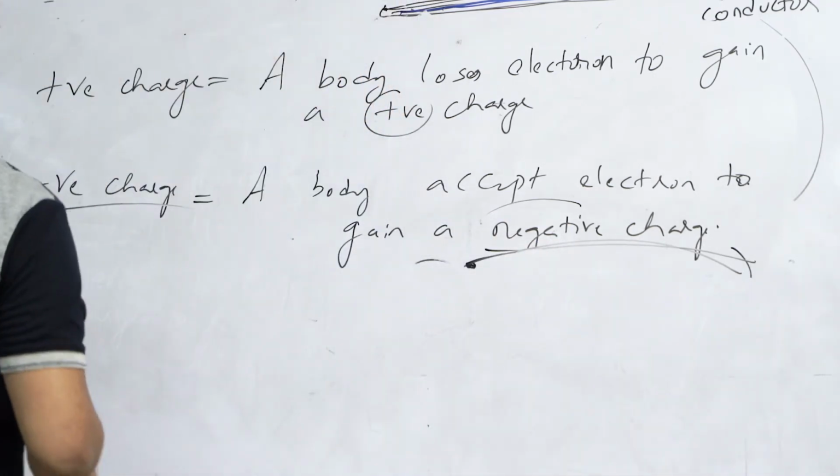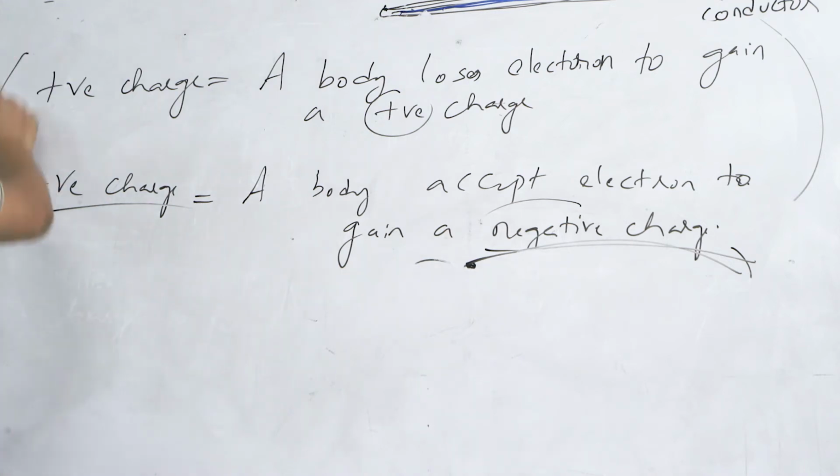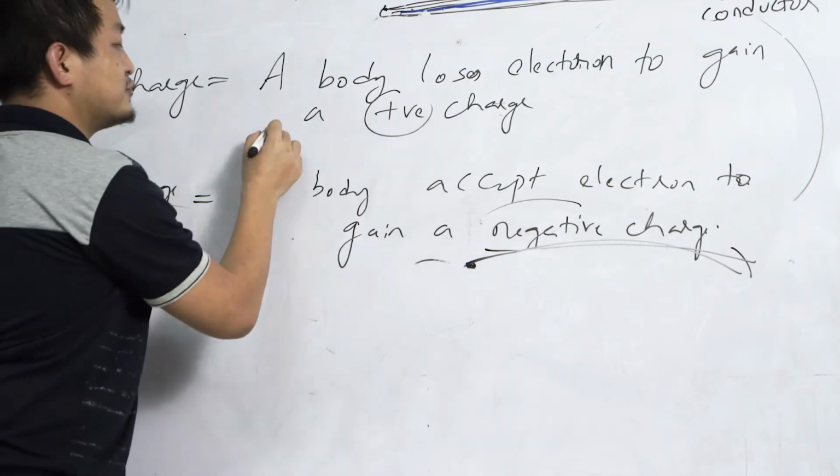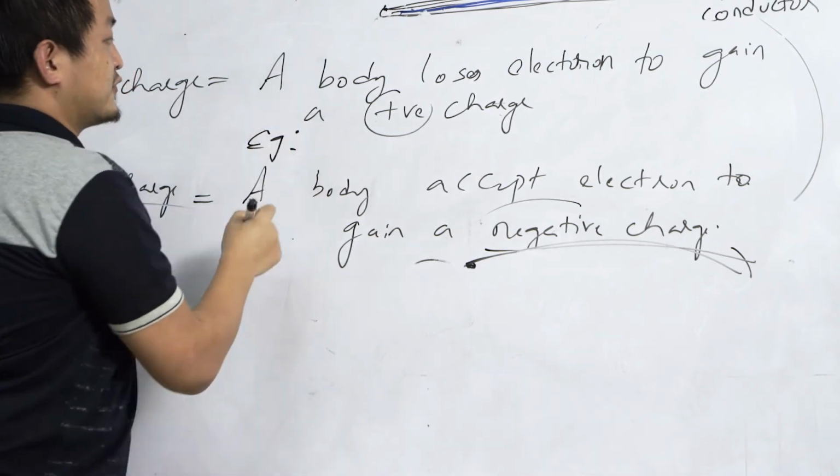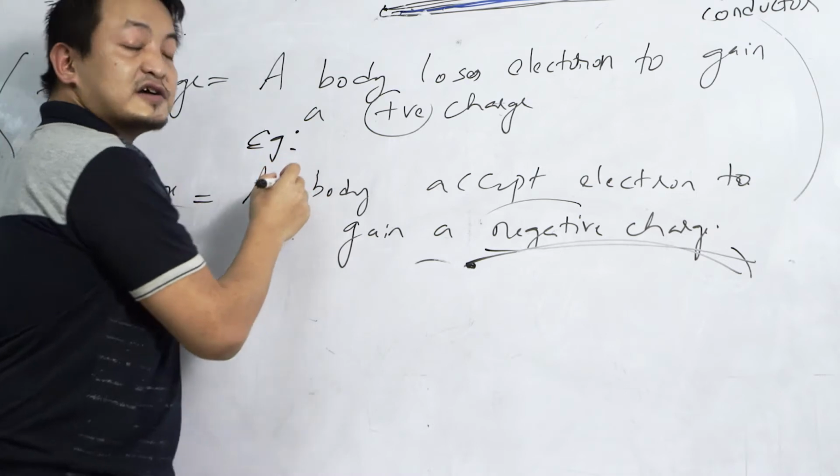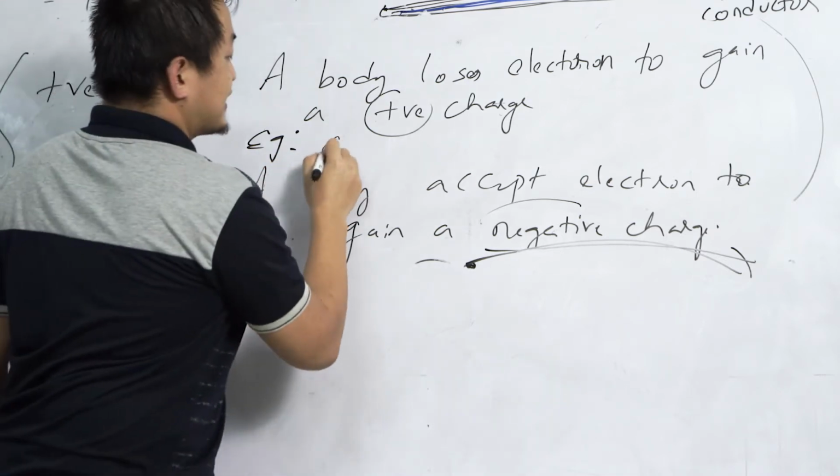Okay, students, you can note this down. I'll give you an example which is mentioned in your textbook. For this positive charge, you can write a glass rod.